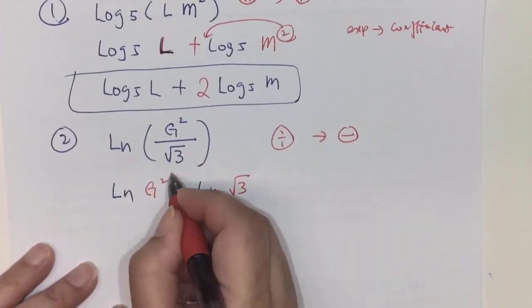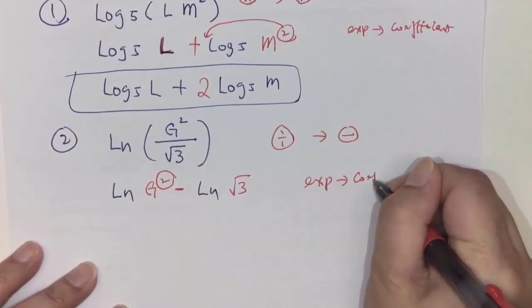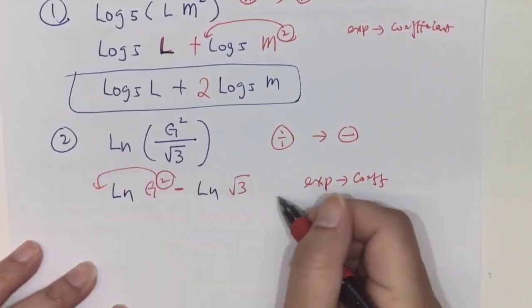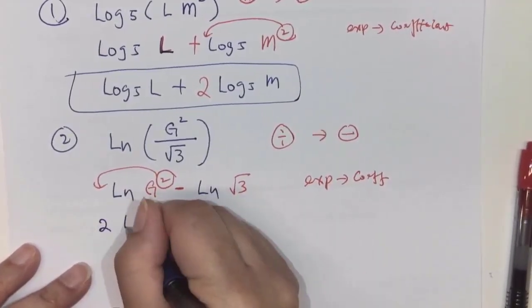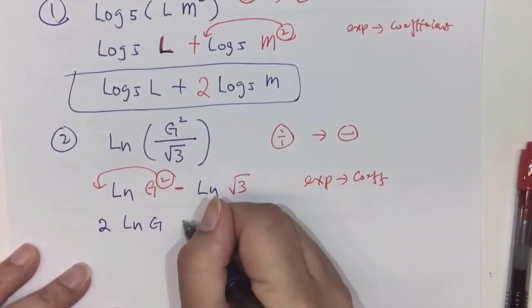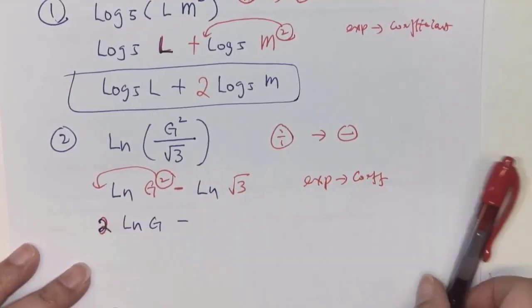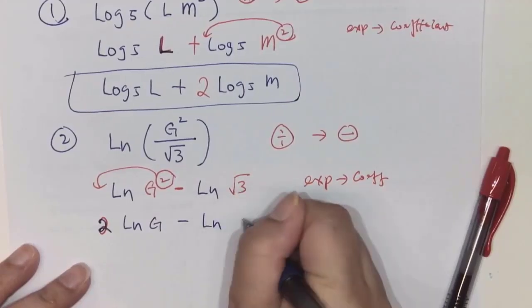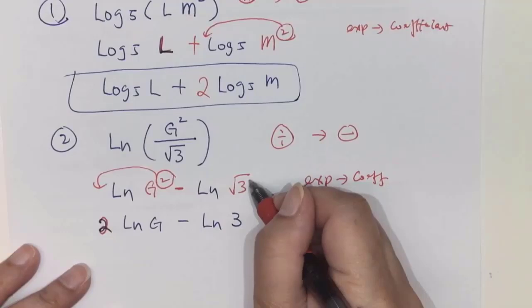I know these exponents need to become coefficients of the terms, so go here. But what is this? Square root. A square root is going to be what kind of exponent? A fraction exponent, ln 3 raised to what? I don't see an exponent here, means 1.